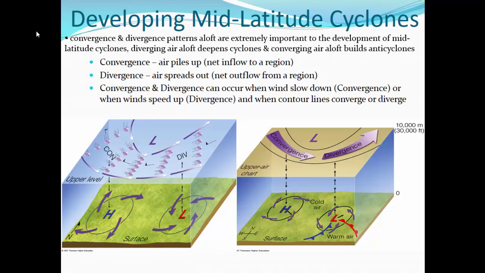So the upper levels of the atmosphere initiate the low at the surface. So convergence and divergent patterns aloft are extremely important to the development of mid-latitude cyclones. Diverging air deepens cyclones. So on the right side, it's diverging air, that air moving away where it says DIV, deepens that cyclone at the surface.